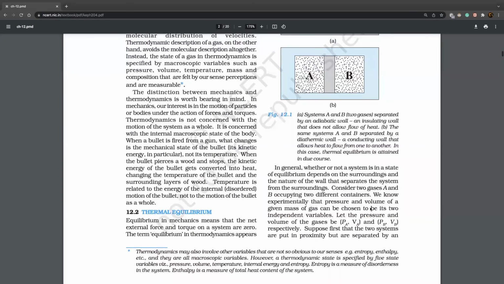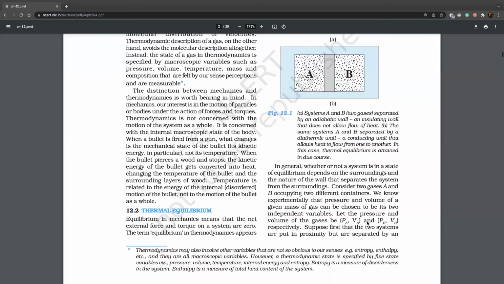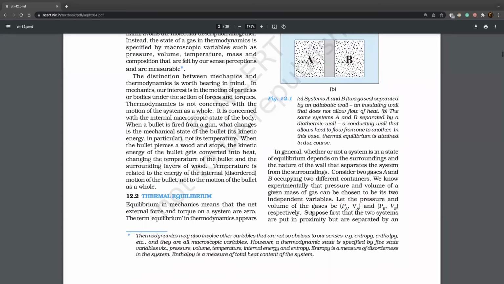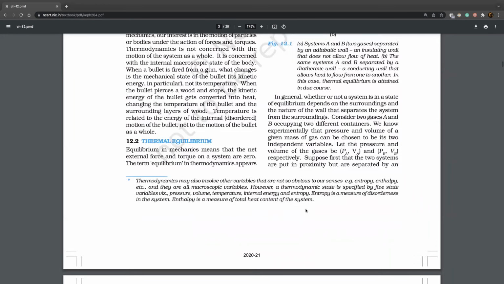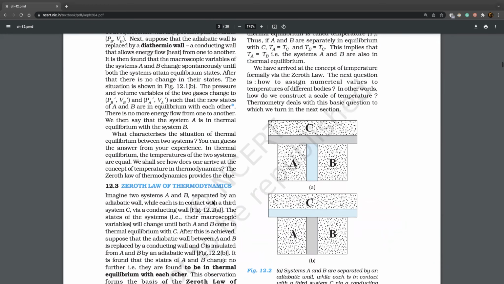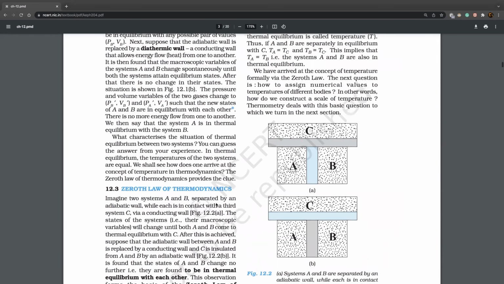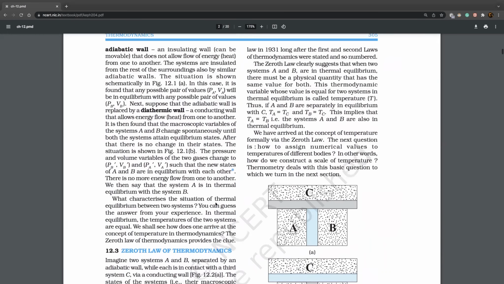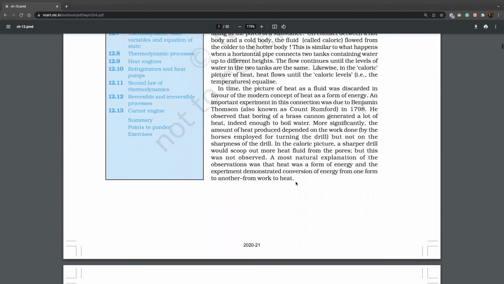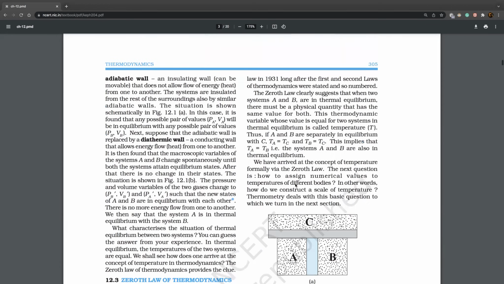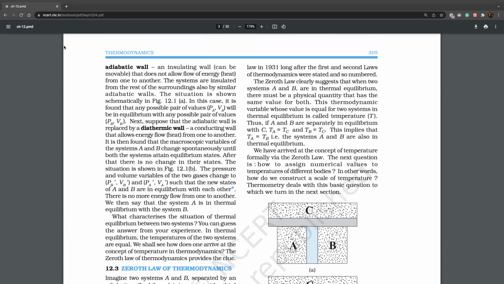So let the pressure and volume be PA, VA in the two containers A and B, respectively. Suppose that the first two systems are put in proximity but are separated by an adiabatic wall. So this is just explaining the two cases we had up here, where we were discussing the figures about the adiabatic and the conducting wall.